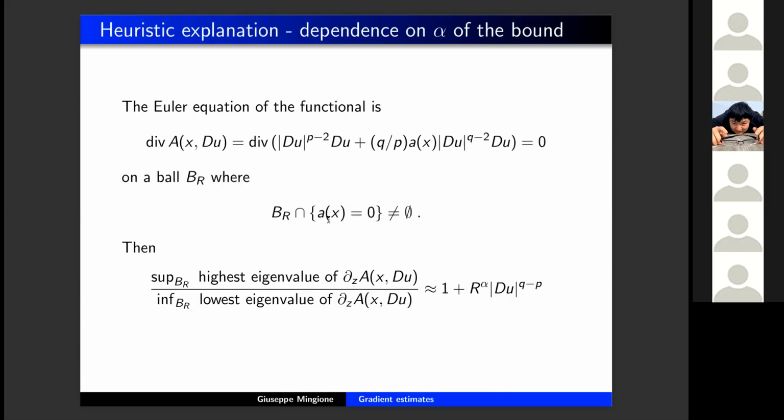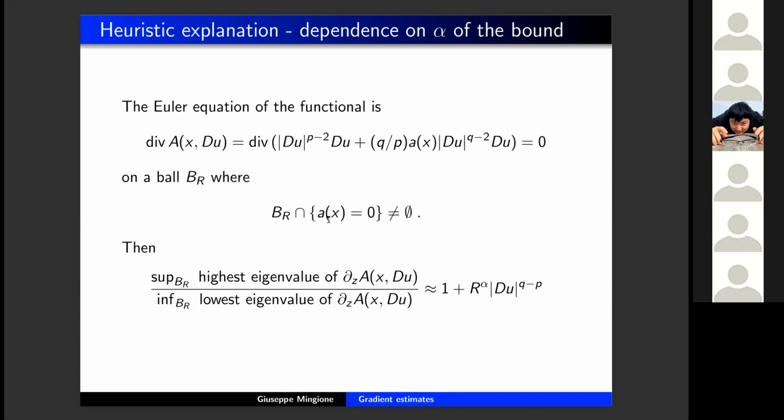Okay. Let me give finally some explanation on the emergence of this bound. So why is there this sharp interaction between the rate of Hölder continuity and the gap q over p?